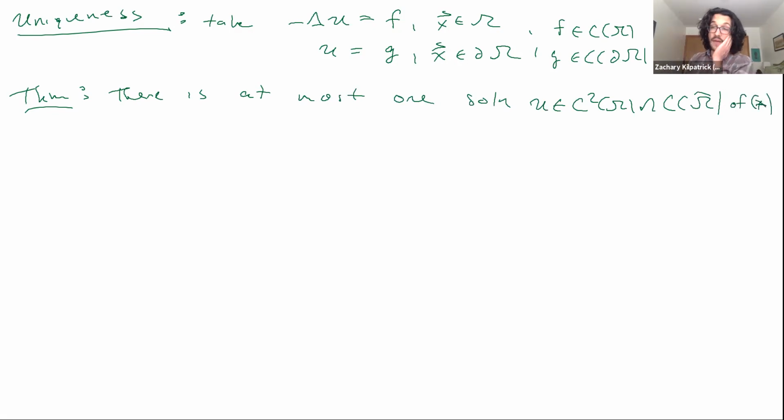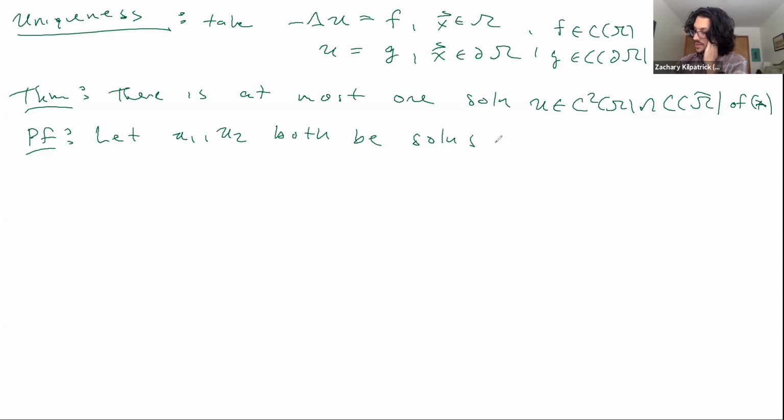I haven't proved its existence, so I can't say that there's exactly one, but I can say that there can't be more than one, okay? How do we proceed with this proof? Well, the same way that we have in the past. Essentially, we let U1 and U2 both be solutions, okay?